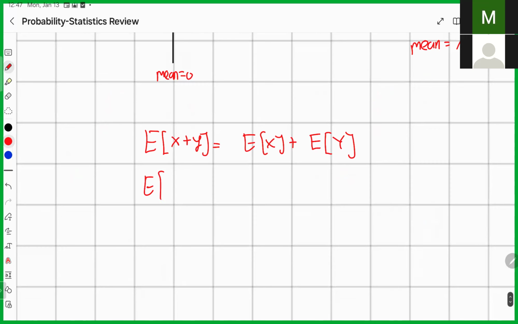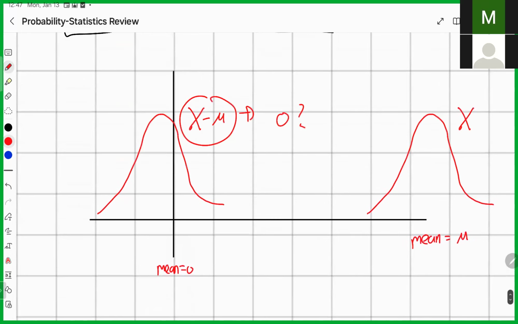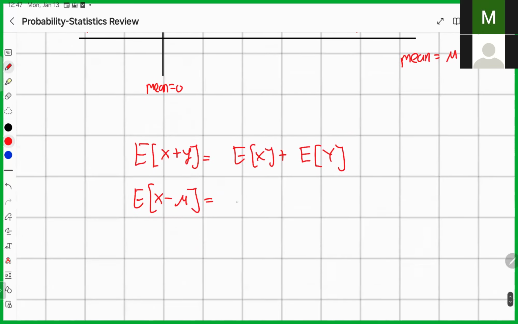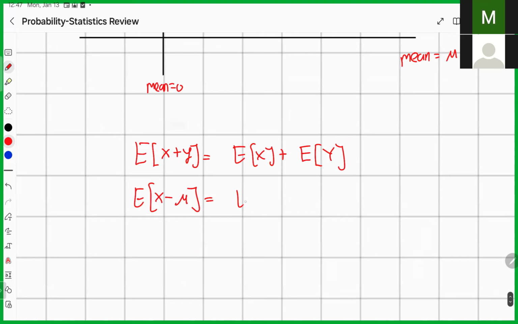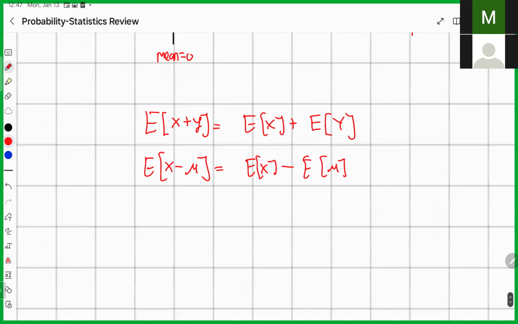Herein we have x minus mean. Since y itself here is the mean, sorry, the expected value of x will be the mean here. So we know this will be equal to the mean since this is a constant.